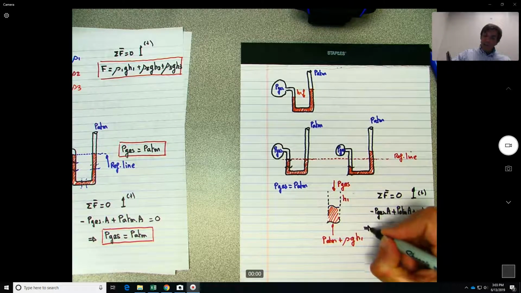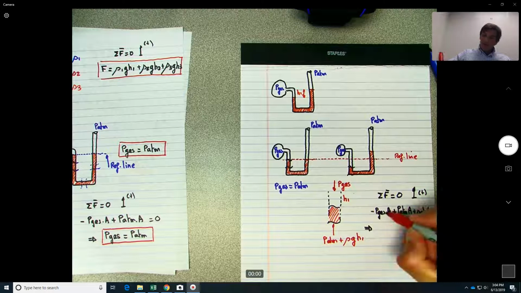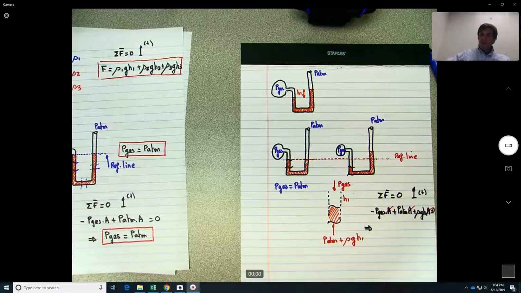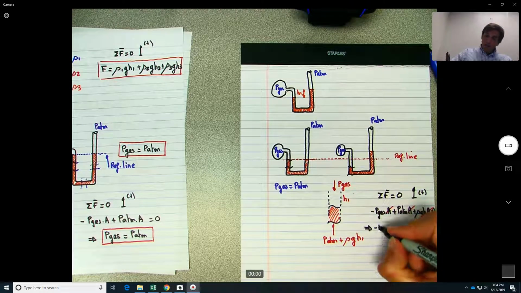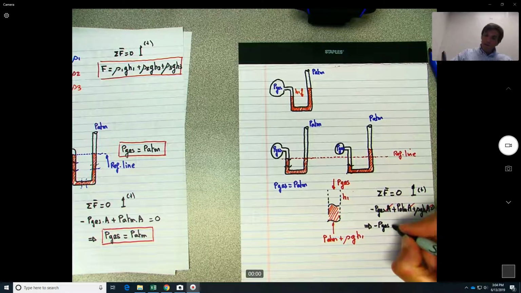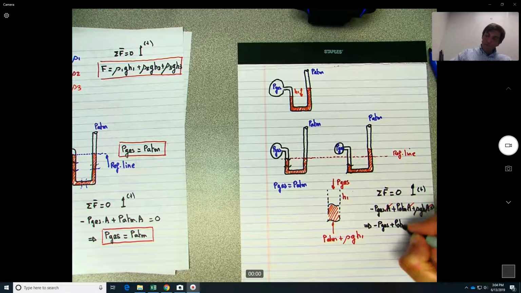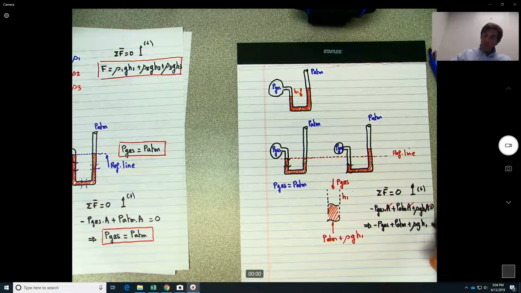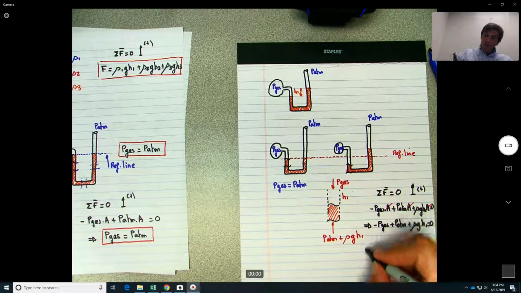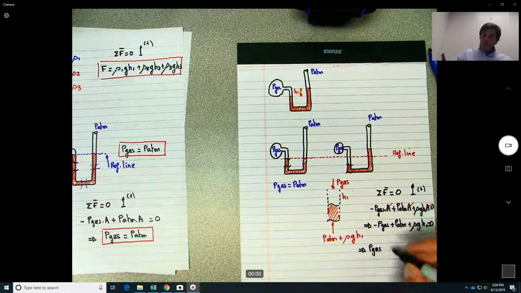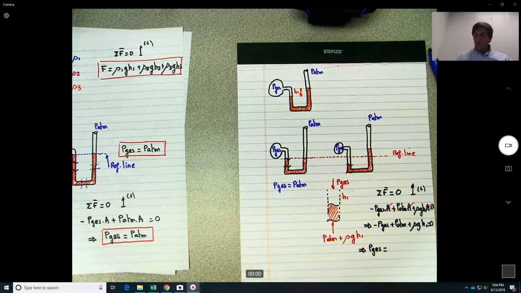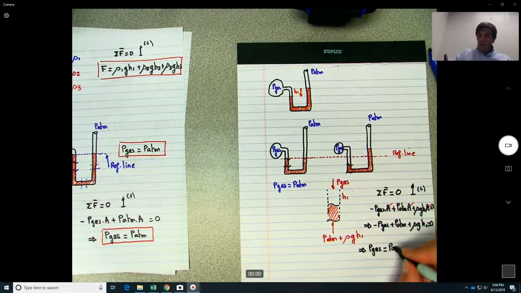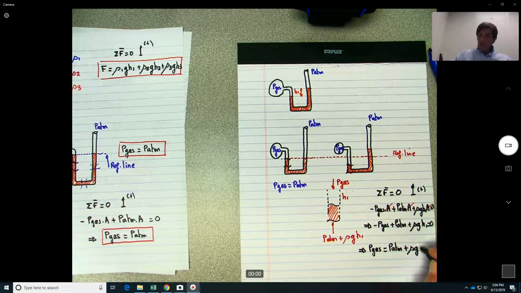So if I cancel out the area on each term, you end up with minus P gas plus P atmospheric plus rho g H1 equal to 0, which will give you that P gas will be equal to what? P atmospheric plus rho g H1.